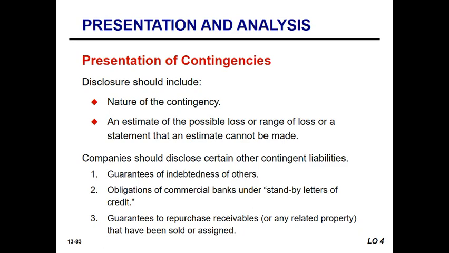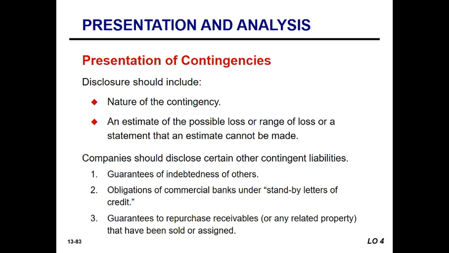Now, regarding those actual contingent liabilities, if other types are in play, such as a company guaranteeing the indebtedness of another, so they are a signer, a guarantor on a loan, they should disclose information on those. If there is an obligation of commercial banks under standby letters of credit, that should be disclosed.